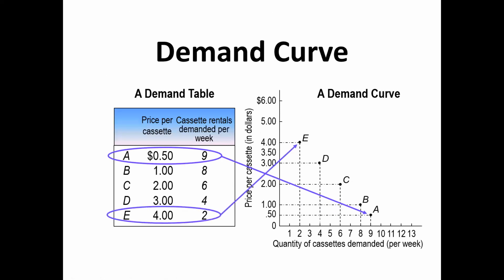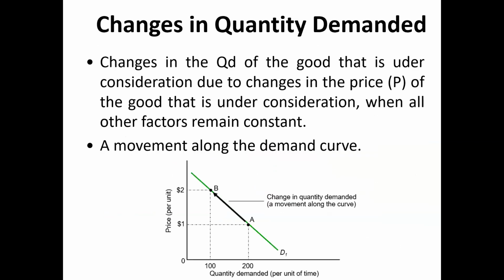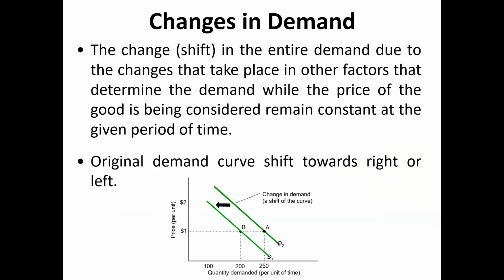So likewise, you already understand the changes in quantity demanded and changes in demand. If the price of the commodity changes, that leads to movements along the curve, right? Other than the price change, what will happen?